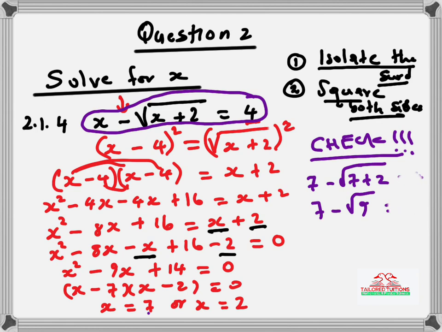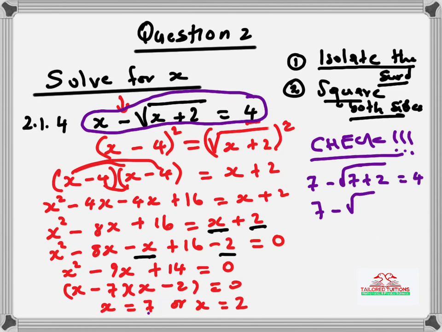So this is 7 minus what? Minus 3. What is 7 minus 3? Oh, it is equal to 4. And on the right hand side you have what? You have 4. So we can take x equal to 7 as our answer.